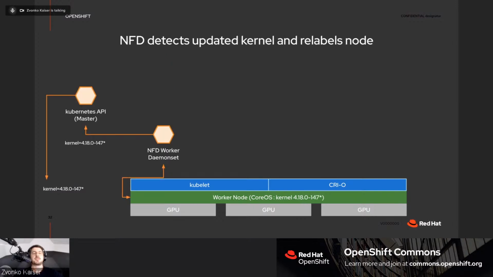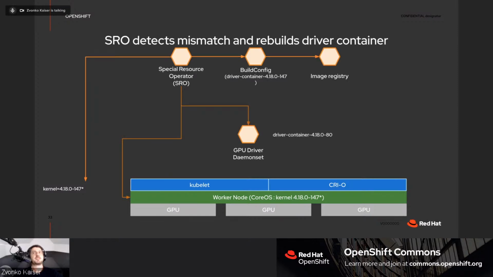NFD will of course detect it, sees that we have a new kernel version, will relabel the node, and SRO will detect this mismatch and will use this new information it gets, this runtime information, inject it into the build config and say, okay, build me now the driver container for this specific kernel version, push it again to the image registry.